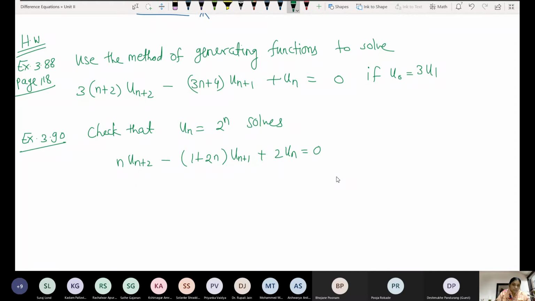And find a second independent solution. You have to find another solution by using Wronskian, just as we have calculated now. Is that okay? Yes, ma'am. Now we will take another method.